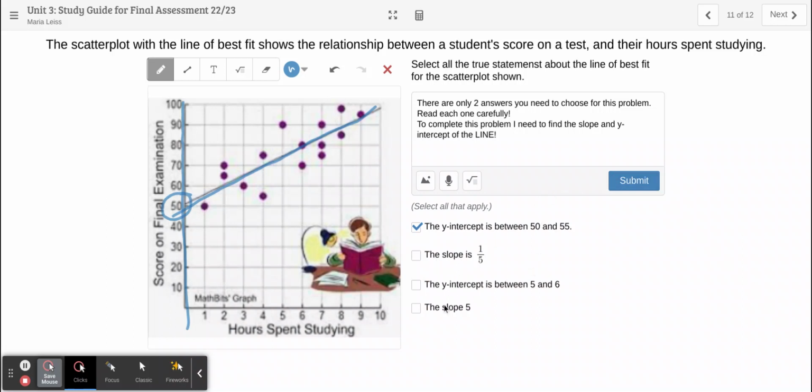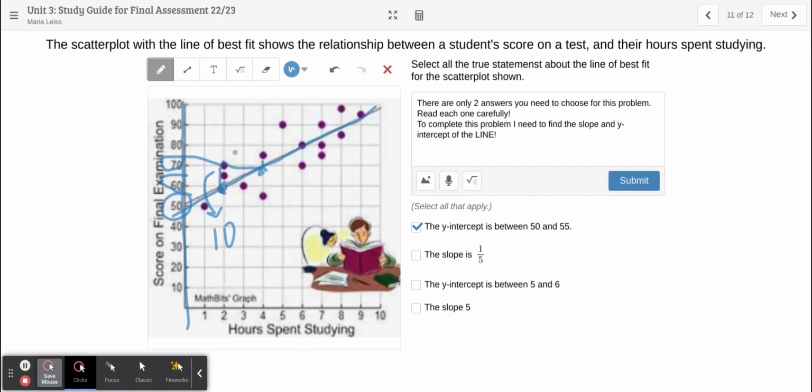Now the slope, we've got either 1/5 or 5. Let's look at it this way. If I use this point here and I go to this point here, to draw my slope, I draw my rise and my run. What you have to pay attention to, though, is while it's 1 block tall, it starts at 60 and it ends at 70. So the rise is actually 10.